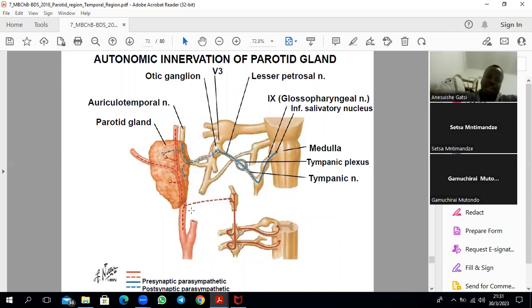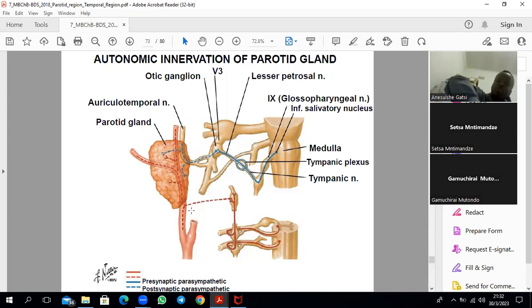Then the nerve supply to the parotid gland. I talked about this yesterday, saying it's the otic ganglion. And this otic ganglion is fed by the glossopharyngeal nerve via the inferior salivatory nucleus in the medulla. Then the glossopharyngeal gives us the tympanic branch of the glossopharyngeal, also known as Jacobson's nerve.